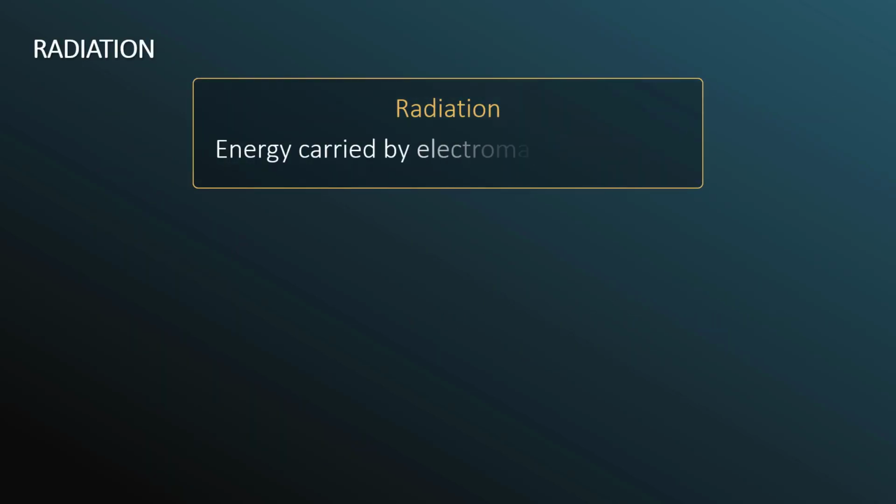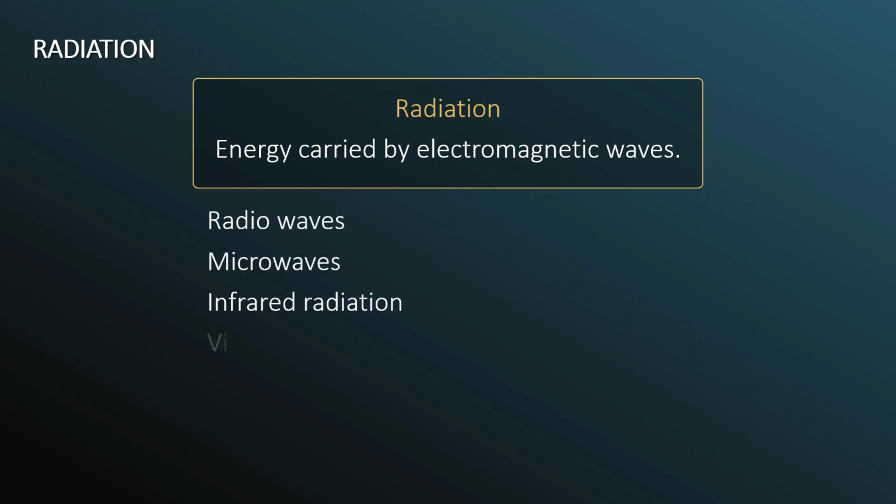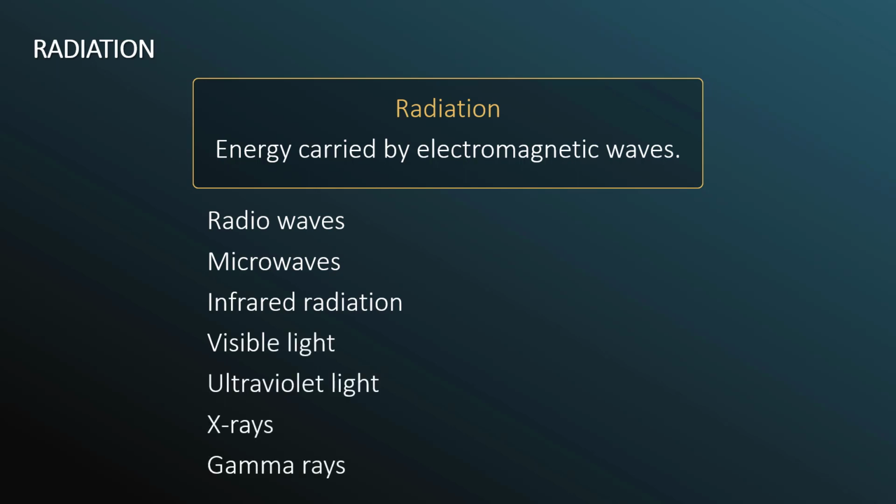Radiation is energy carried by electromagnetic waves, such as radio waves, microwaves, infrared radiation, visible light, ultraviolet light, X-rays, and gamma rays. As we go from top to bottom, we are increasing the frequency of the oscillation of these waves. By increasing the frequency, we are decreasing the wavelength.